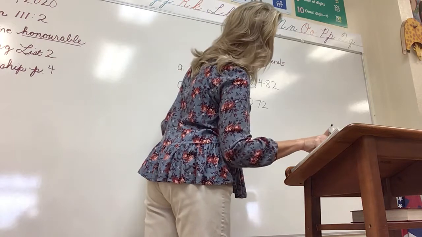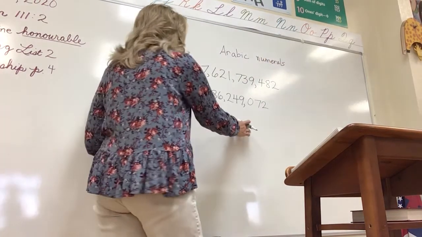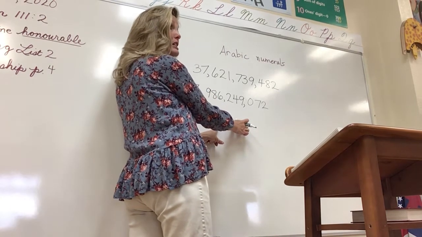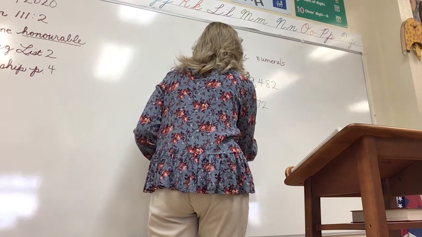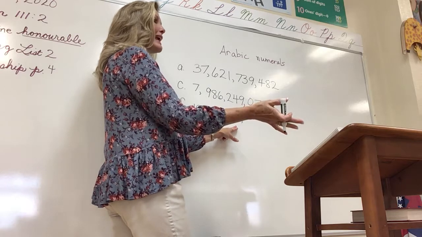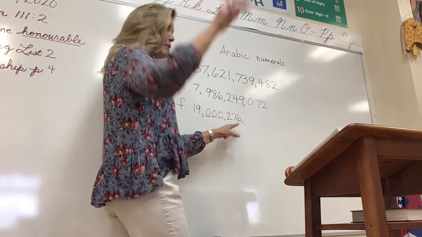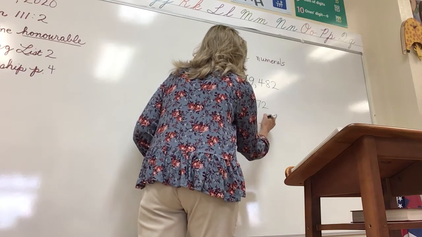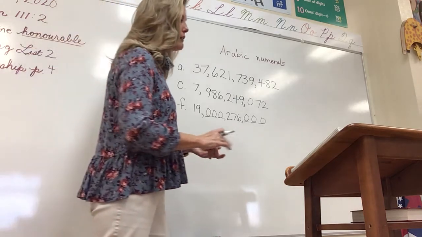Now moving on from the 19 billion, I have 276,000. Is thousands the next period after millions? Yes. So I'm going to keep that 276,000. But then my words end. 0, 0, 0. I need placeholders for my units, or ones place. Okay? So there's F.